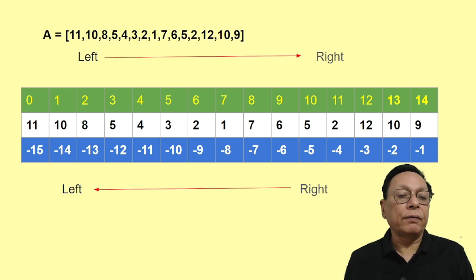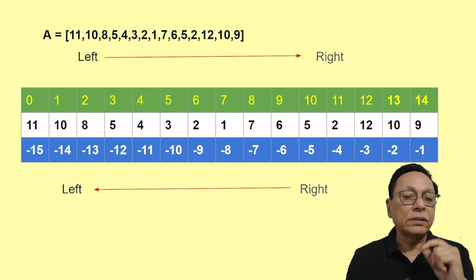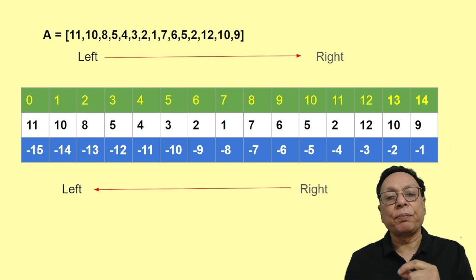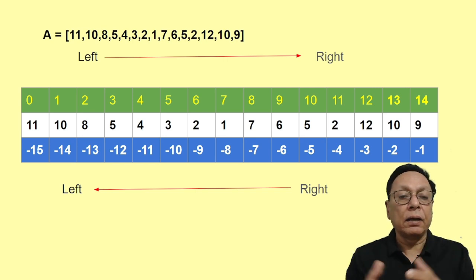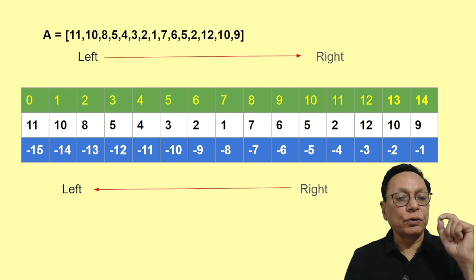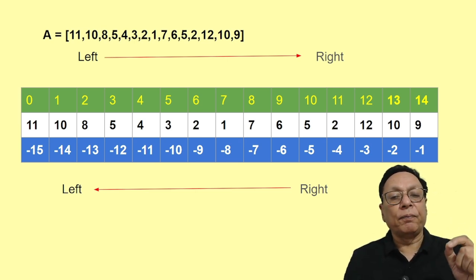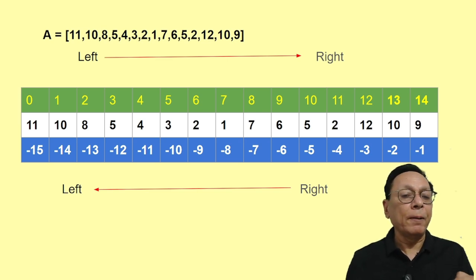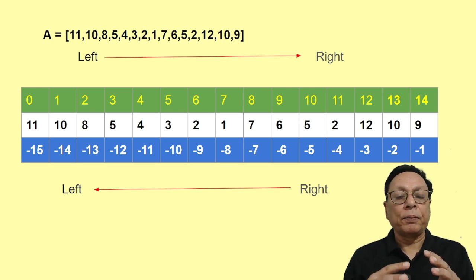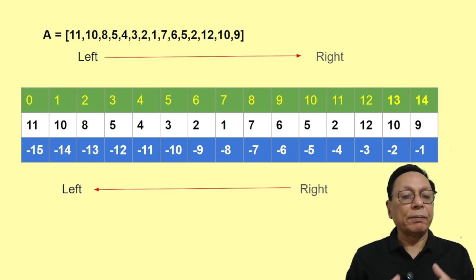From left to right, the first index is 0 and the last index is 14, so there are 15 elements. When you move right to left, the first index will be -1, -2, -3, and the last index will be -15. So index 0 and index -15 both point to the same element.